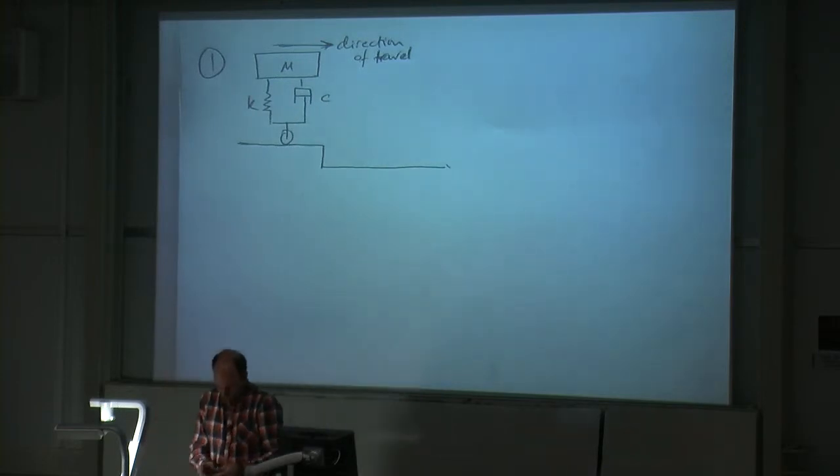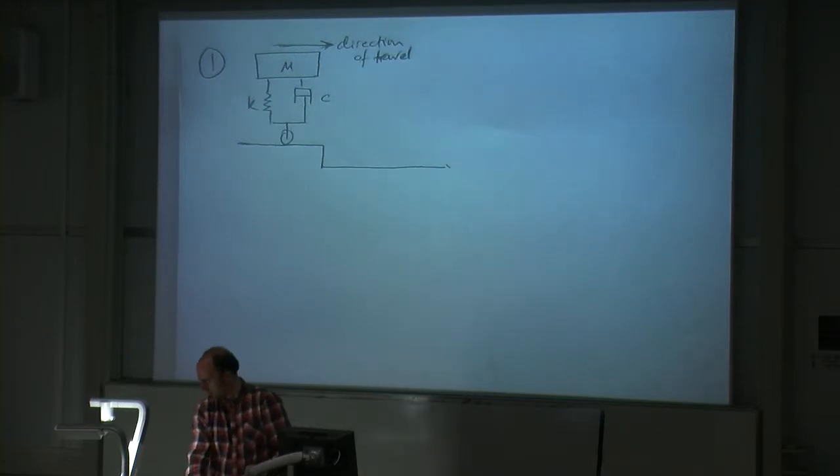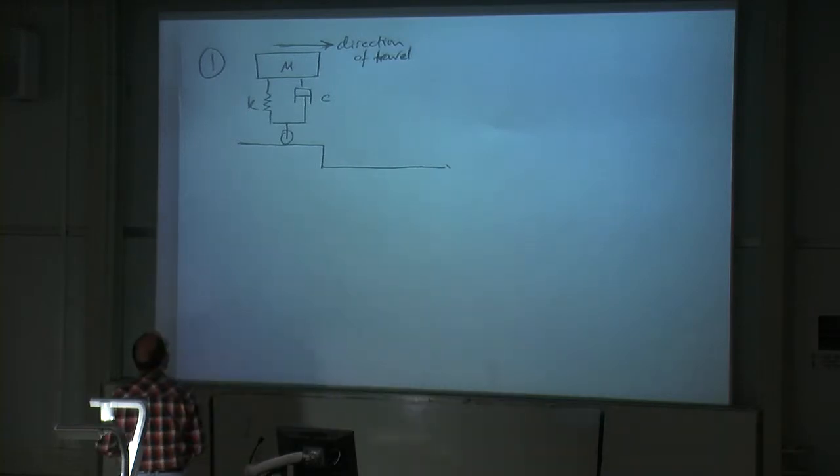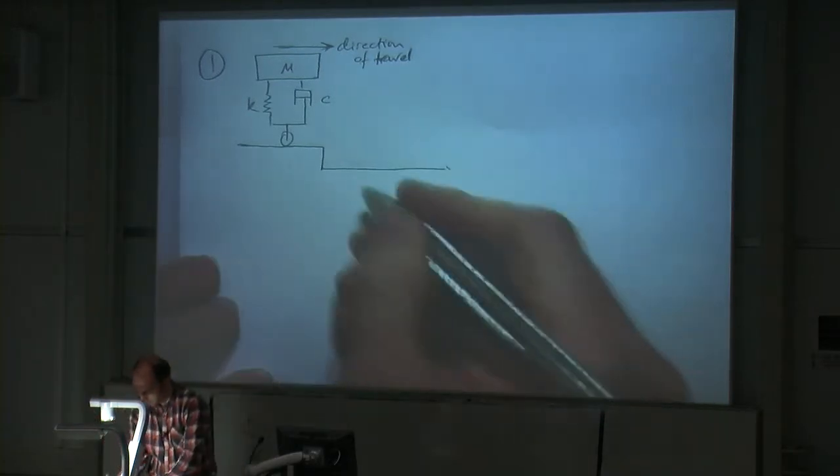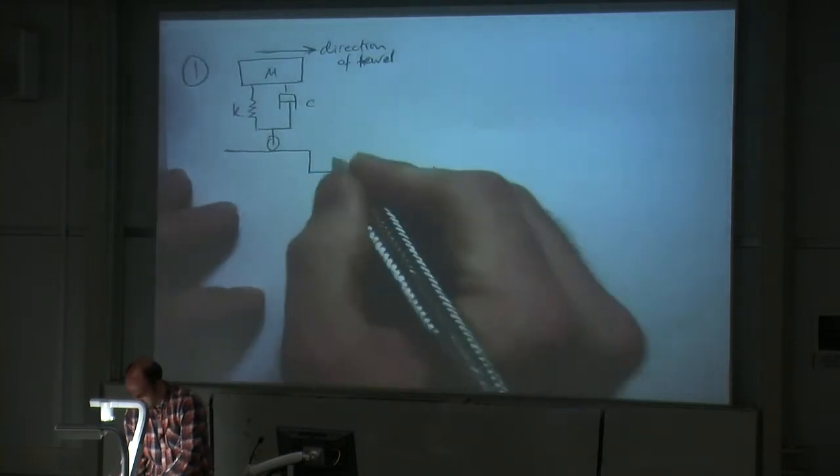So we've got a mass connected to a spring and a damper, and it's moving, and then it comes across this curb, which we've said is 5 centimetres.